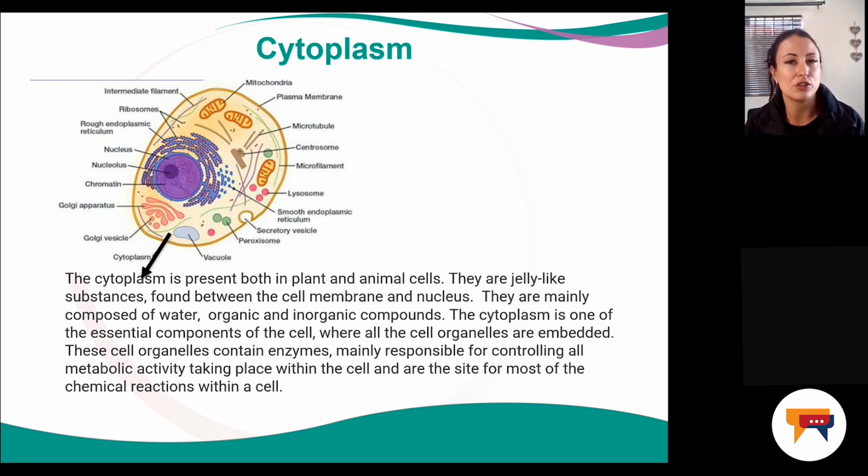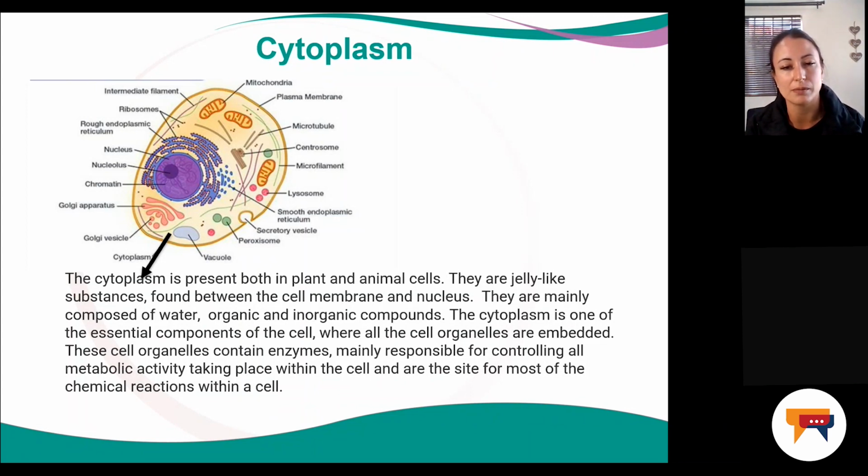In a cell, the cytoplasm is the fluid that you can find within the cell that everything basically floats in, if you can imagine them floating. The cytoplasm is present both in plant and animal cells, and it is a jelly-like substance found between the cell membrane and the nucleus. You can see there where I've labeled it.